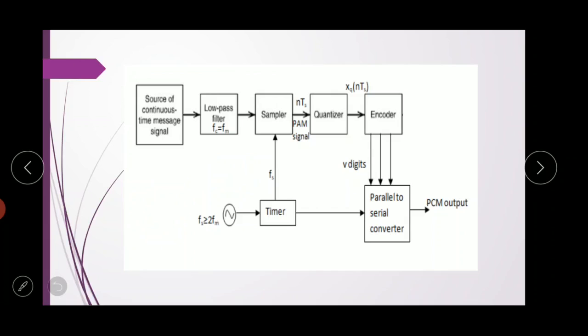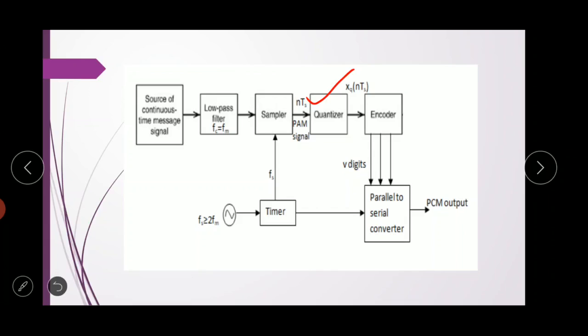As we know, what is the function of the quantizer? The quantizer compares the samples with predefined levels, which results in minimum error. This error is called quantization error.